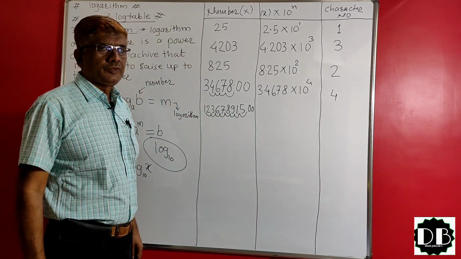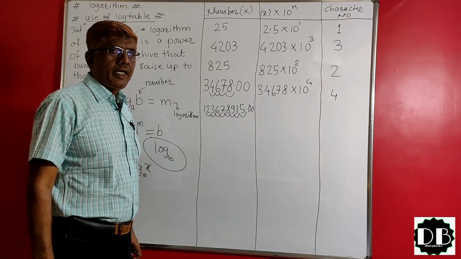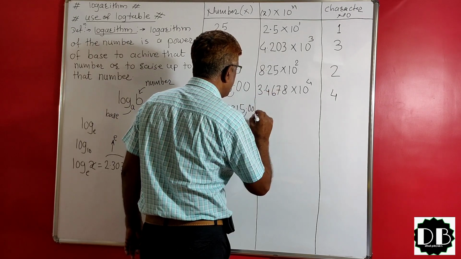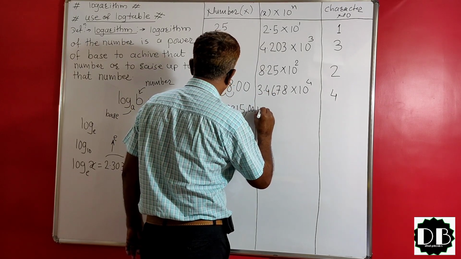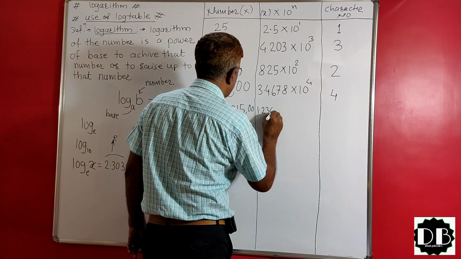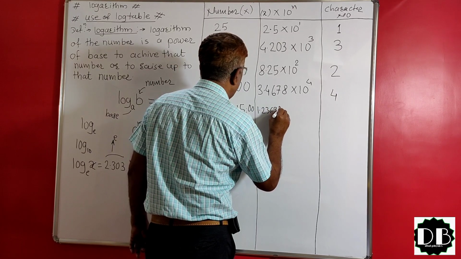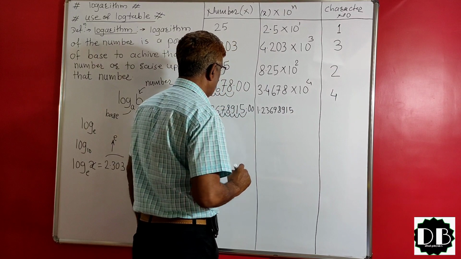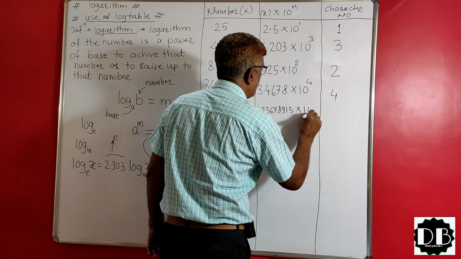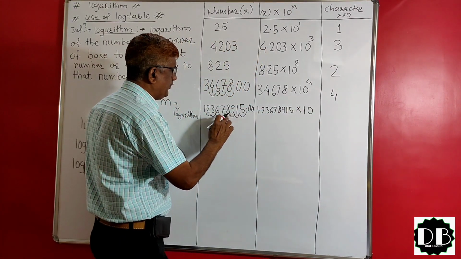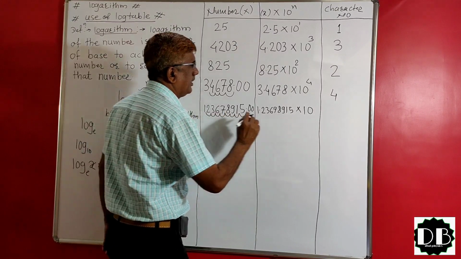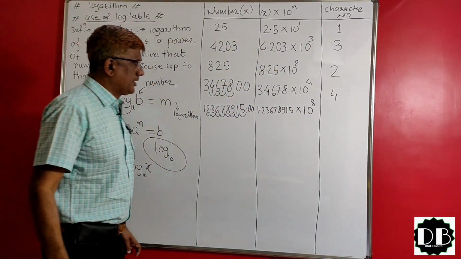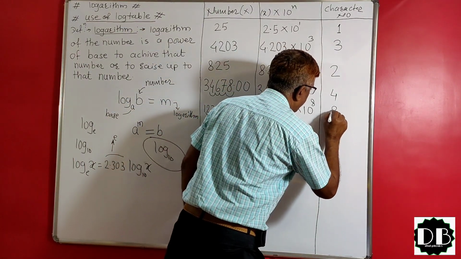We jump through 8 digits from right to left, so that it is equal to 1.23678915 into 10 raised to 8. Simply, the characteristic number is 8.